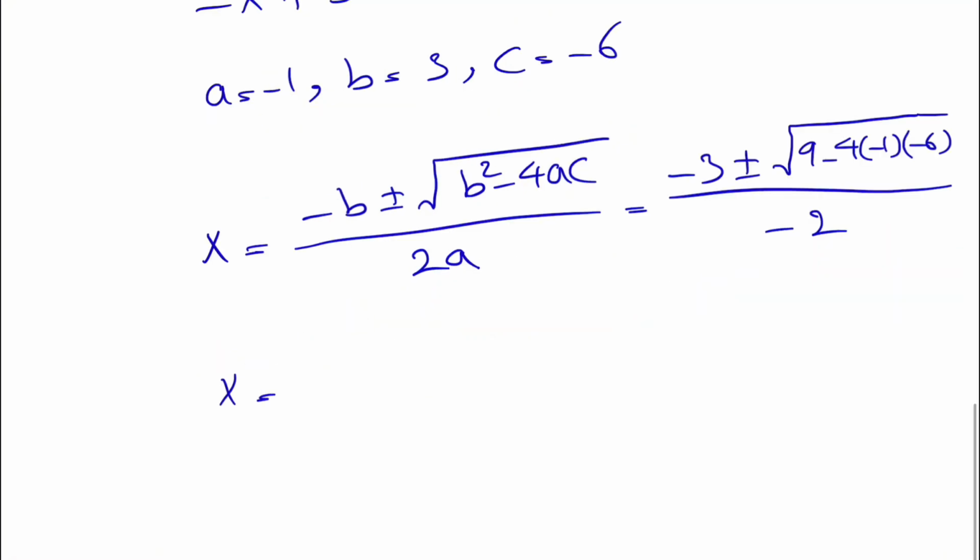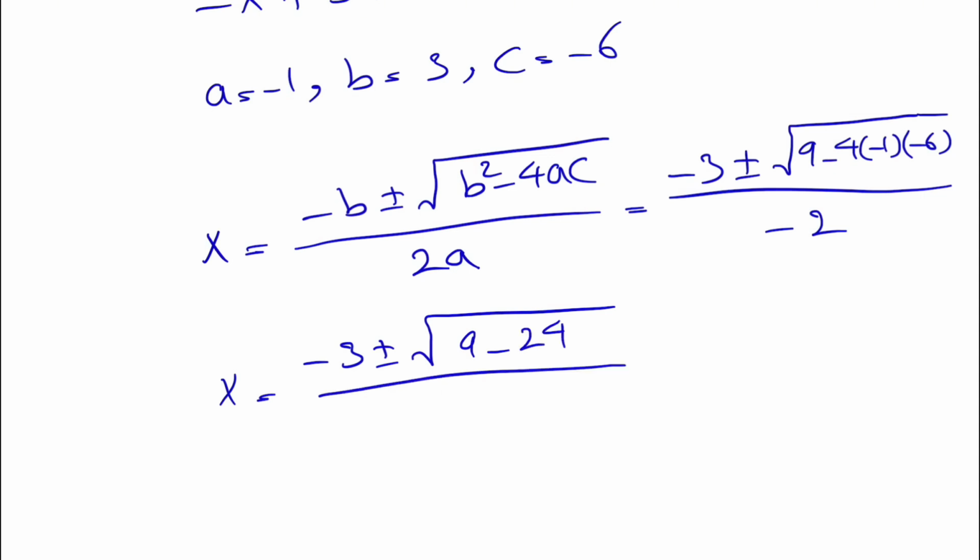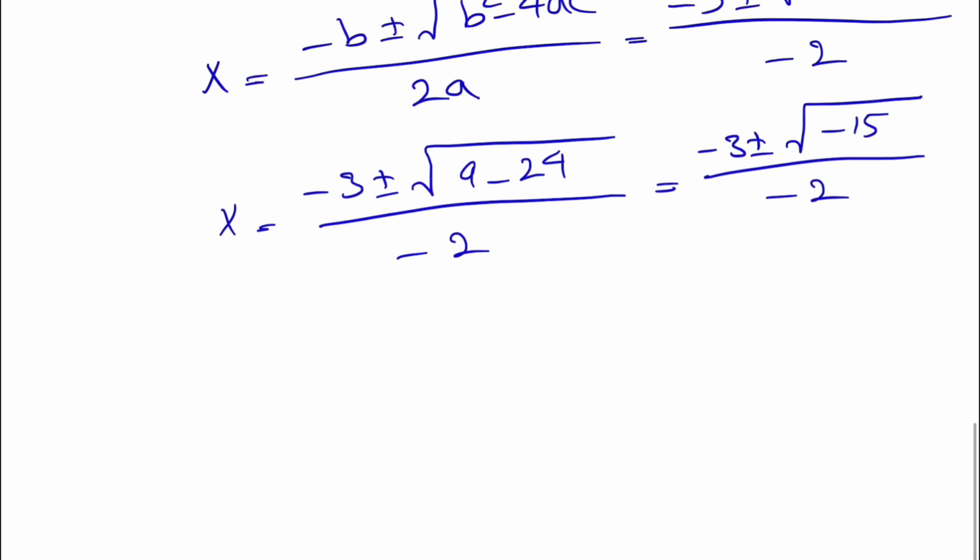So x will be minus 3 plus or minus the square root of 9 minus 4 times 6, which is 24, divided by minus 2. Looks like we have complex answers since we have a negative number under the square root. So minus 3 plus or minus the square root of 9 minus 24, or minus 15, divided by minus 2.